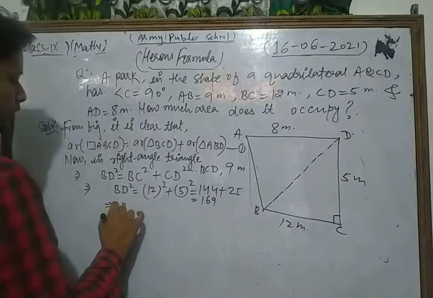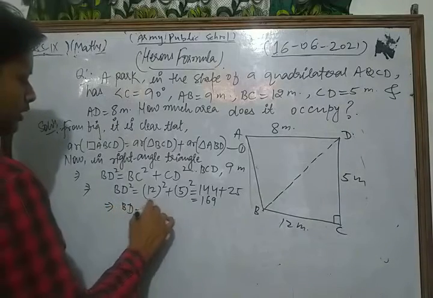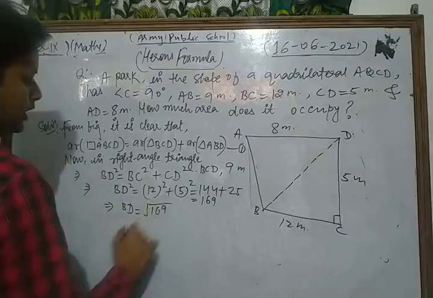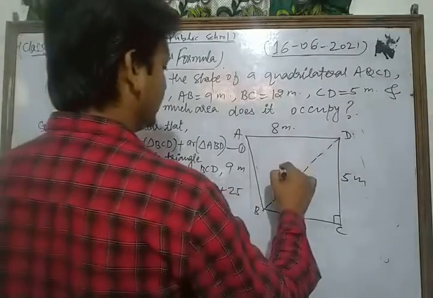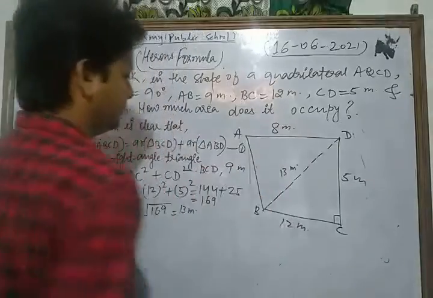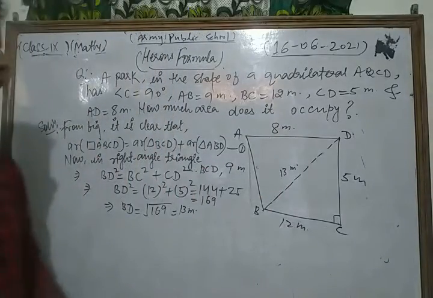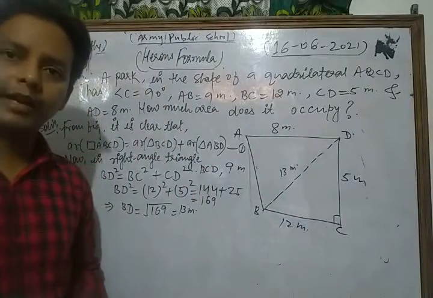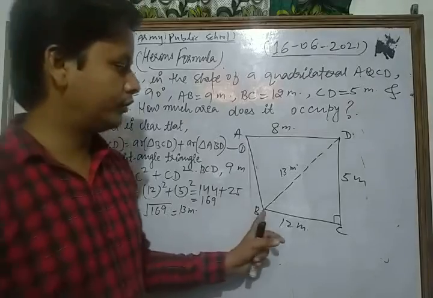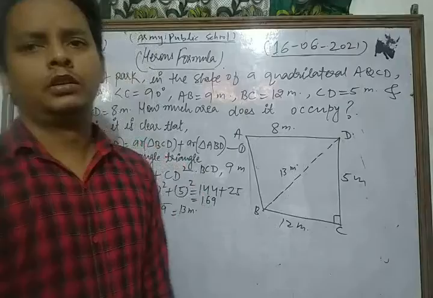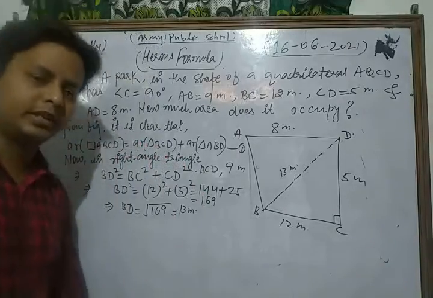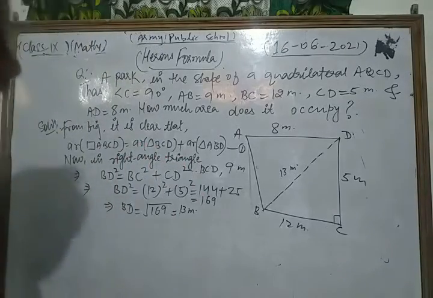So dear students, the value of BD is square root of 169, which is 13 meter. So the diagonal is 13 meter. In this way, first of all, we find the value of its diagonal BD.